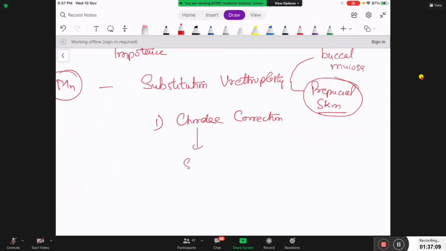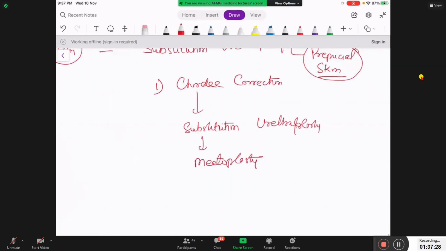Then we will do a substitution urethroplasty, and after that we may need to do meatoplasty, and sometimes we may need to do scrotoplasty also. Chordee correction is the first thing you are going to do. Then you will do a substitution urethroplasty. Then you should do meatoplasty, and then you should do scrotoplasty.